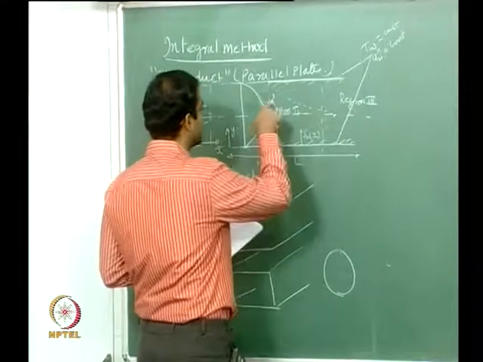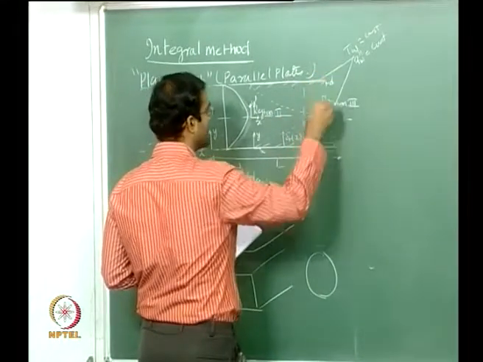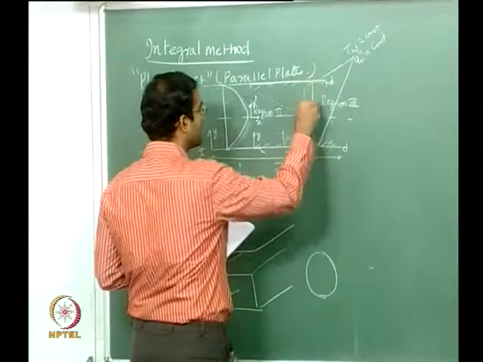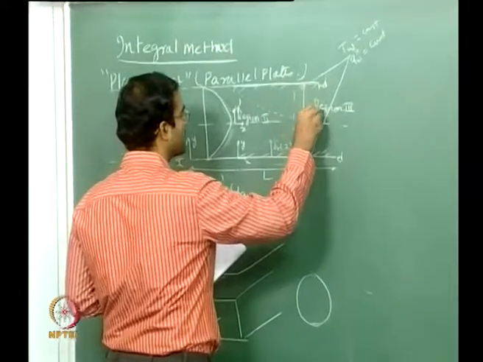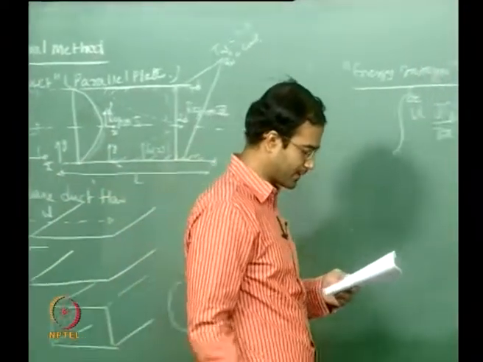From the center, this is at a distance of plus d and this is at a distance of minus d. So the total height of the separation between the two plates is 2d. This is basically my coordinate system.